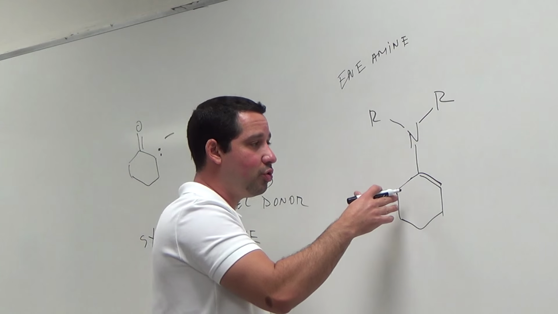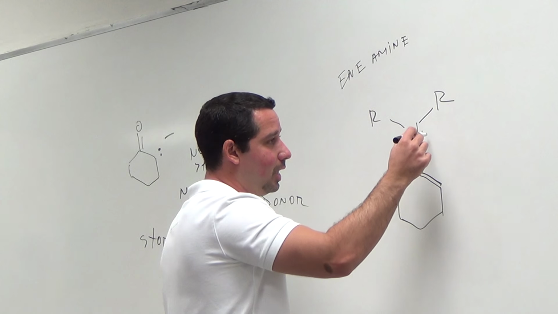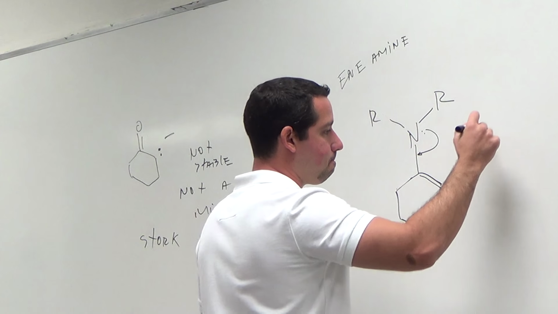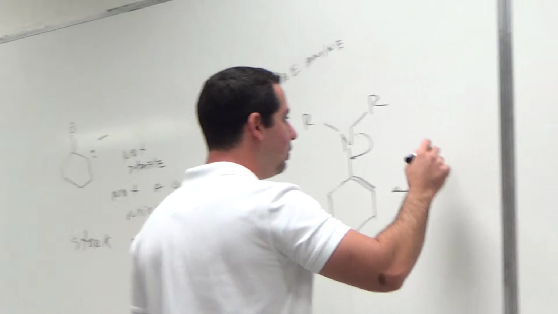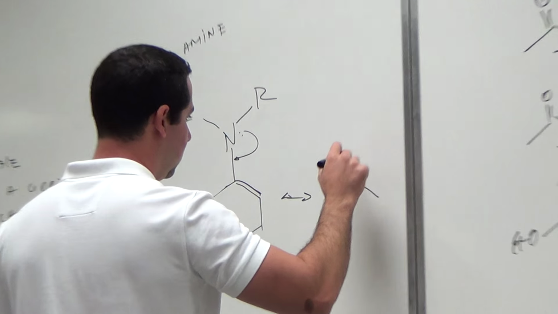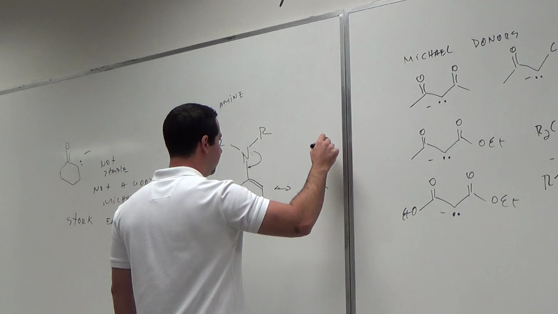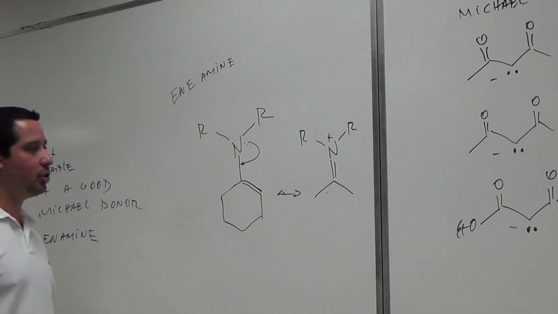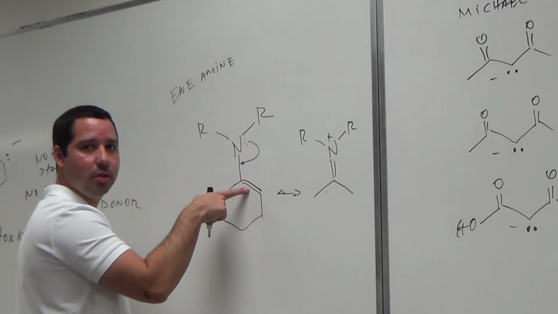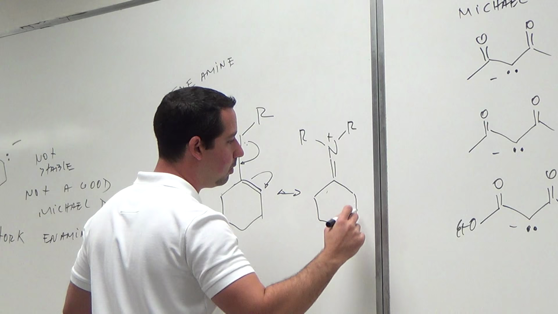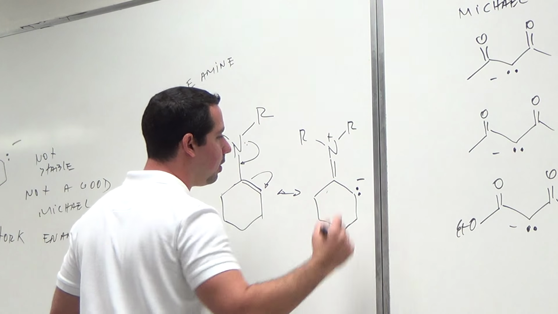And of course, the resonance structure of the enamine is, let's say, a silly resonance structure that makes a double bond in there. Now this is positively charged, and what happens to this double bond? The double bond will go there and make a new nucleophile.